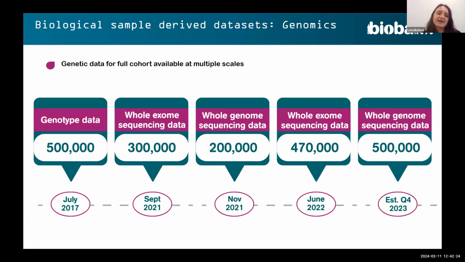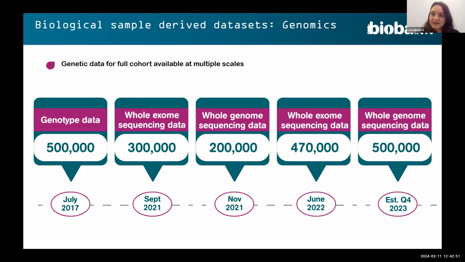So initially, the genetic data that we had for participants was limited to genotyping data for the full cohort, and that is essentially a targeted method that only interrogates genetic variation at regions where we know genetic variation exists. We expanded that with sequencing data that was focused on the protein coding parts of the genome.